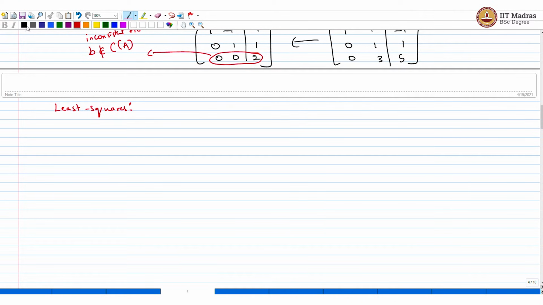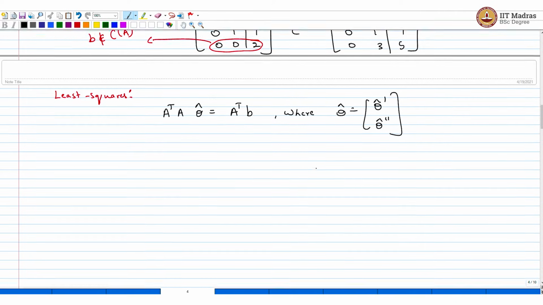So, for least squares, what you need to do is to solve A transpose A theta hat equals A transpose B, where theta hat is theta hat prime, theta hat double prime. This is what you need to solve.